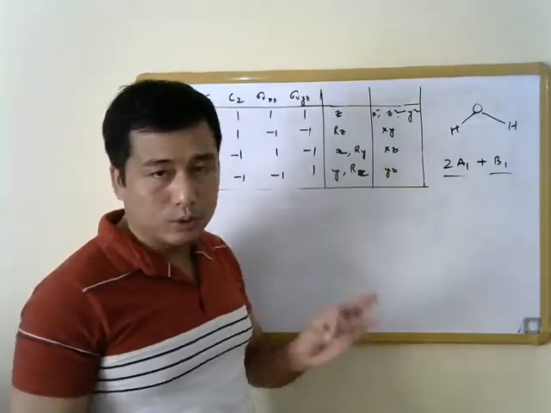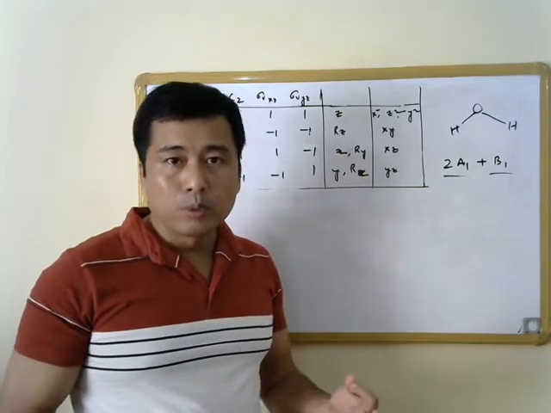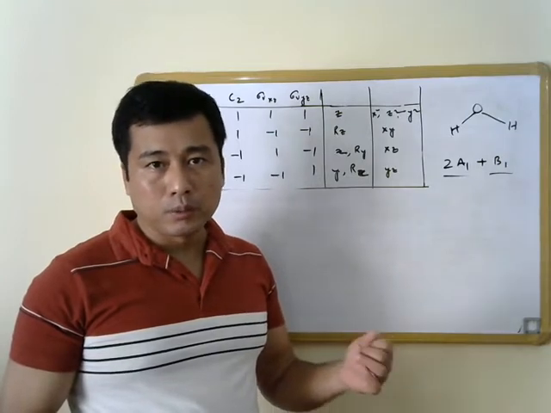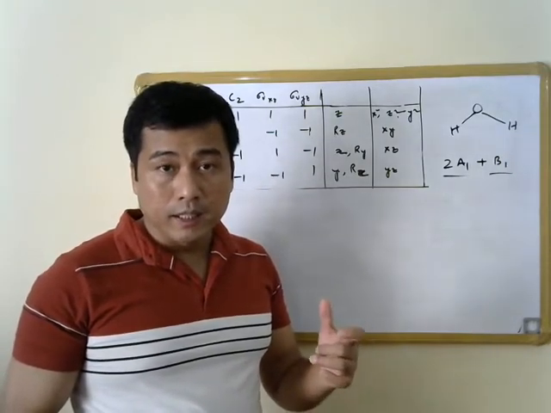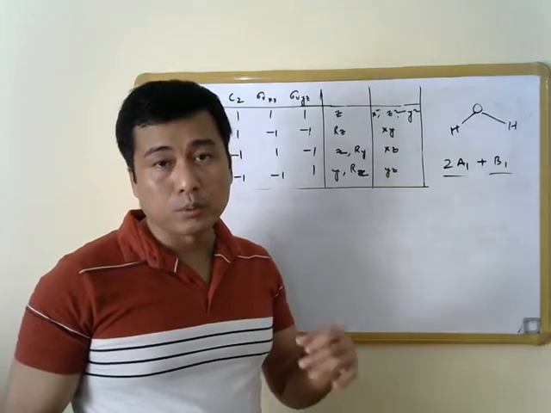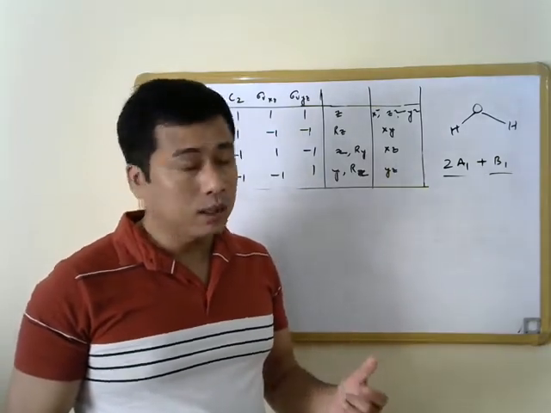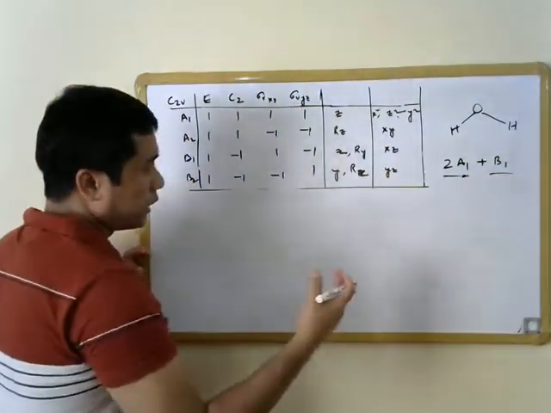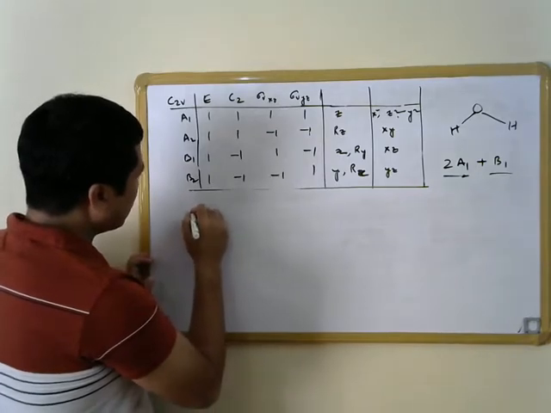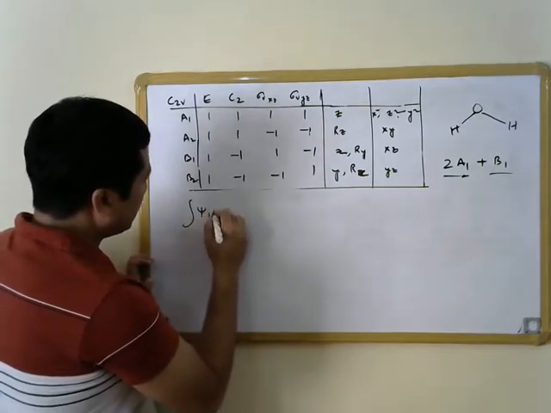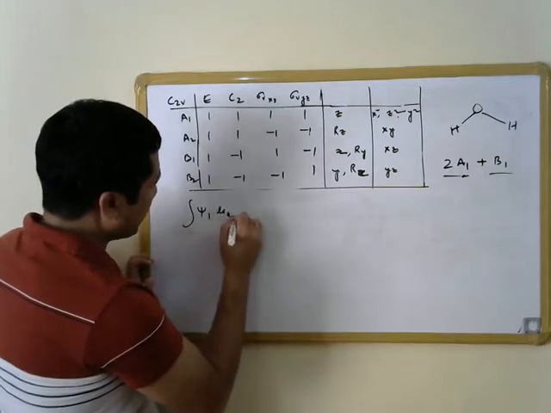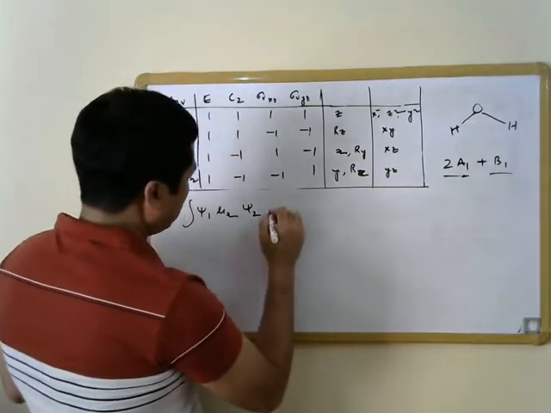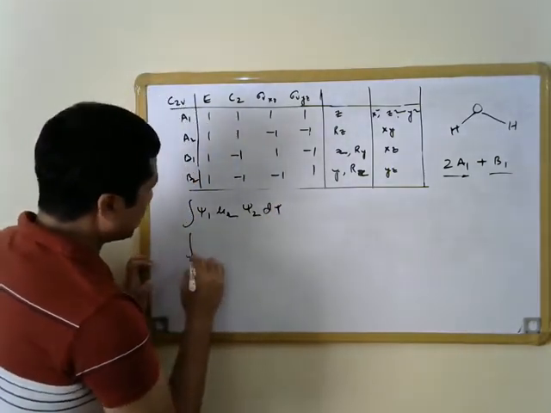So the ground state here is going to be A1, and the vibrational modes for which we want to find out whether they are IR active or Raman active are going to be the excited states. And let us so find out psi 1, mu x, psi 2, d tau, these three integrals.